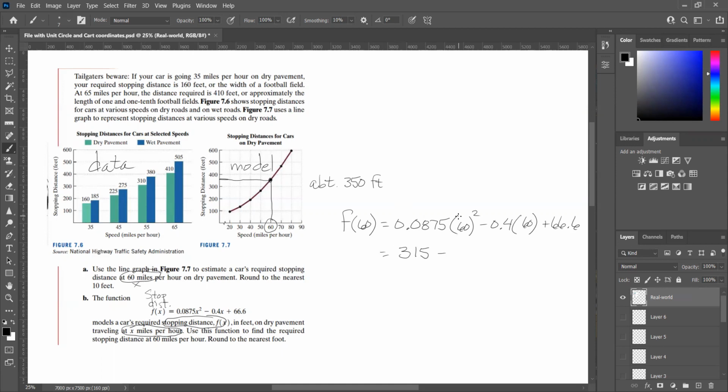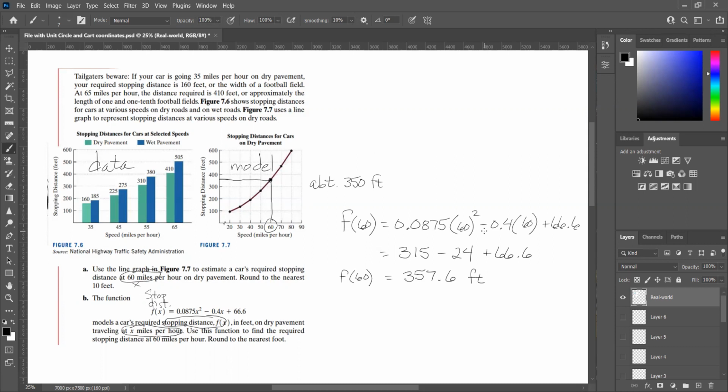Minus 0.4 times 60, which is 24, plus 66.6. PEMDAS tells me that now that all I have is addition and subtraction, I can work those left to right. So 315 minus 24 plus 66.6, and I get 357.6. And that would be feet, since it's stopping distance.